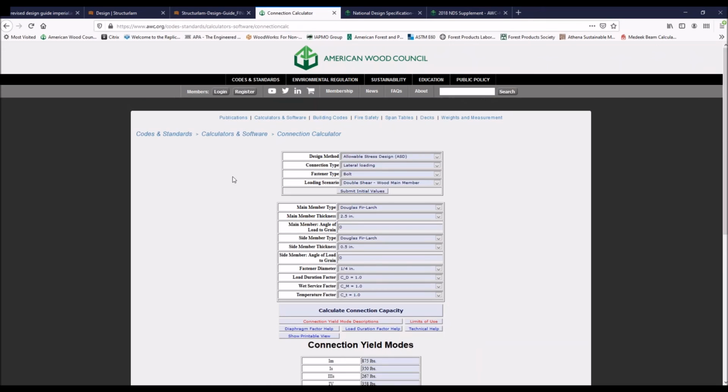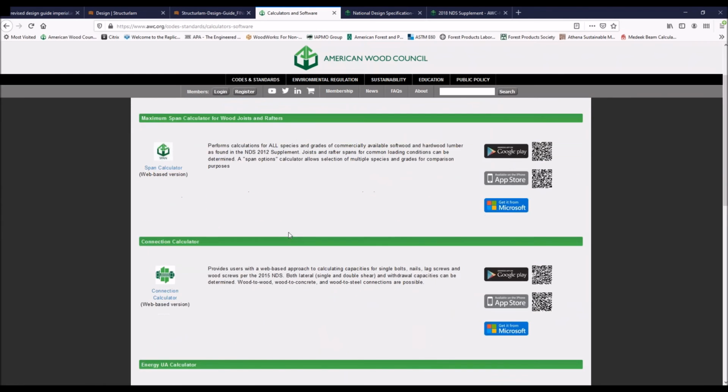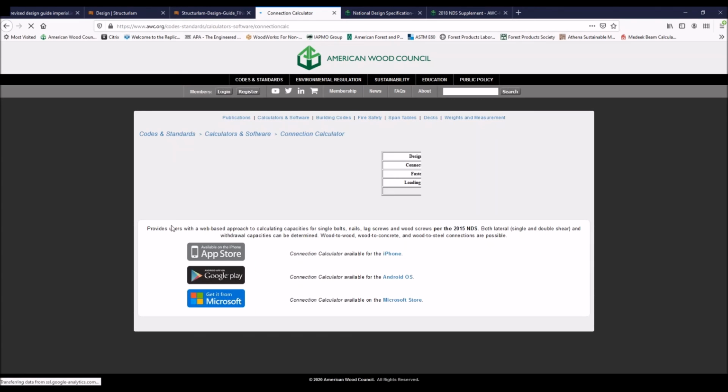Another resource we have on our website is our connection calculator. If you go to our calculators page, there's a link on our homepage, awc.org, that'll take you here. And since we spent so much time talking about connections today, I just couldn't leave without mentioning our connection calculator.